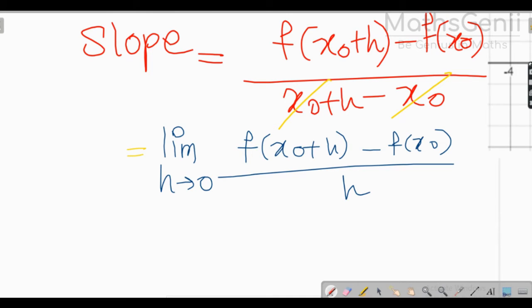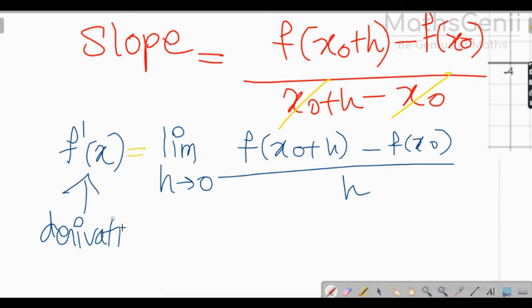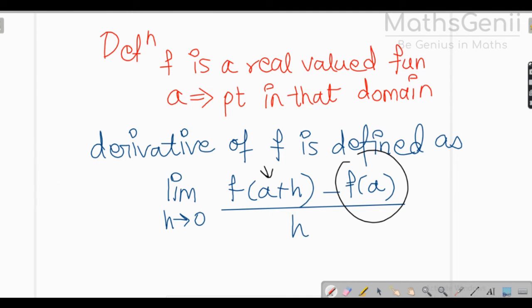Done. This is your definition of derivatives, that is f dash of x. This is nothing but the derivative. So this is your definition of derivatives. I hope it is super clear for you guys. Okay, let's move ahead. The definition is the same.